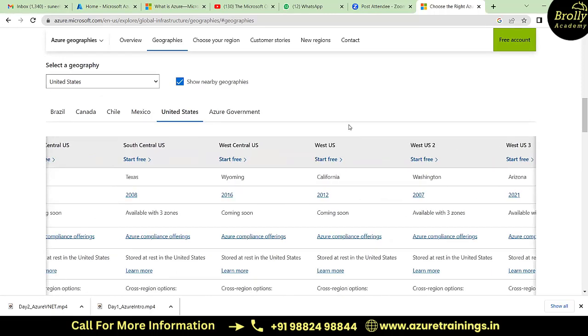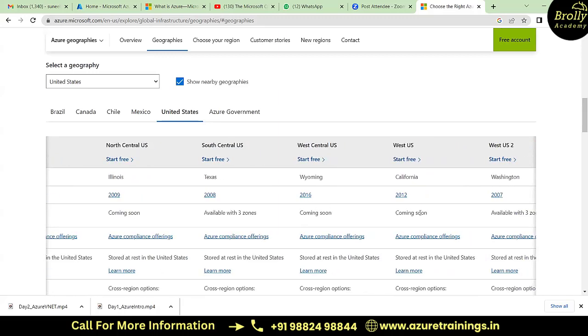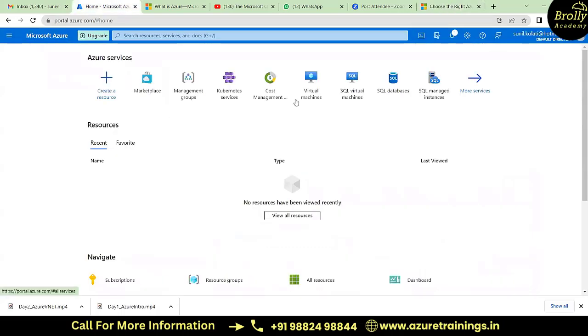Suppose a client came from the West US location and asked you to deploy a virtual machine in West US. In that case you have to inform them we don't have any data center in West US, so it's not possible to deploy a virtual machine in West US, in the portal itself.